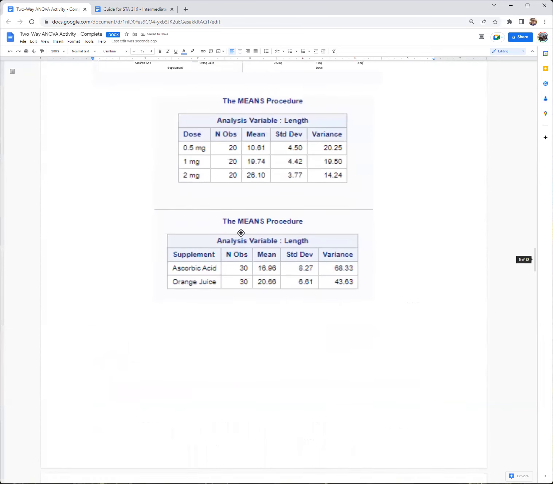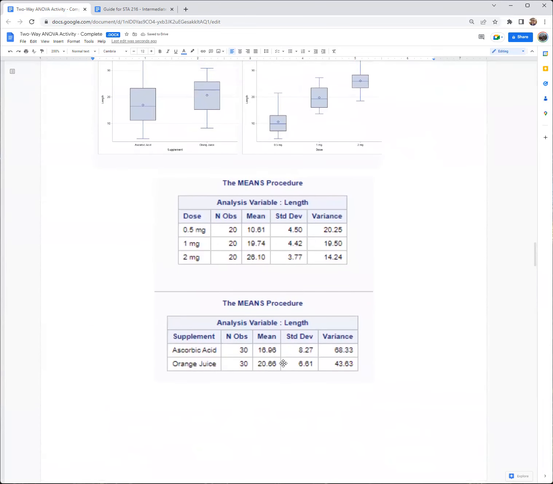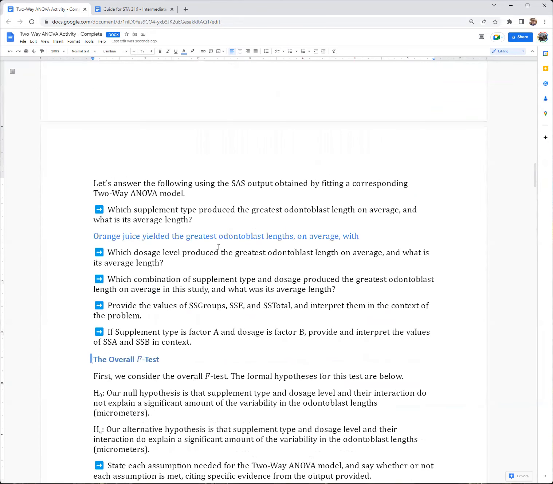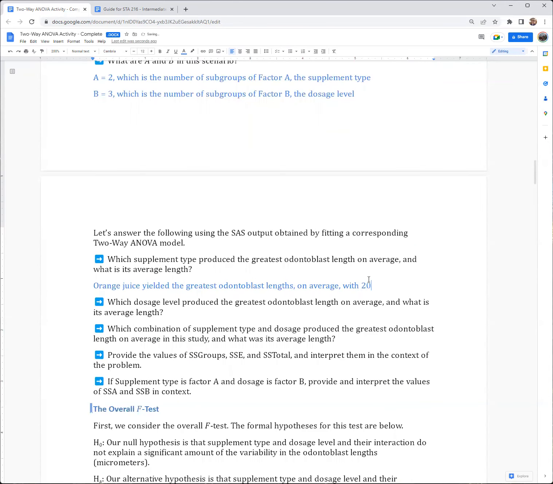So we go back down to the proc means table. Orange juice had a mean of 20.66 micrometers.